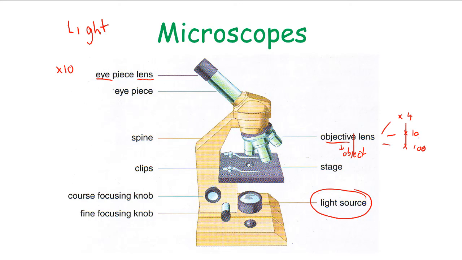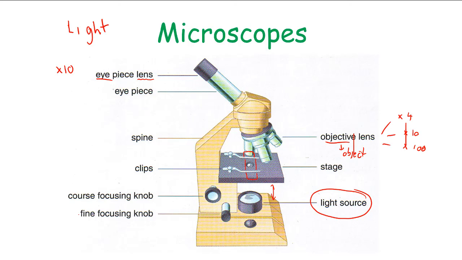Then we've got clips and a stage. Now this is where you put the little glass slide with your sample on, and you just use the clips to hold it in place. The stage can be moved up or down, closer or further away from the objective lens, and that just helps you focus the image.